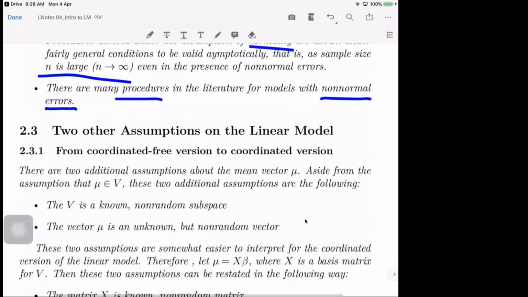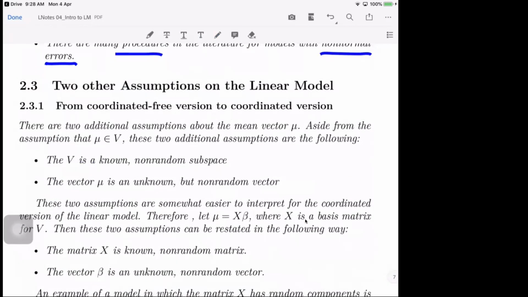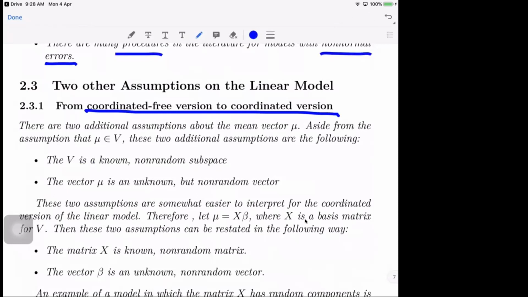So two other assumptions on the linear model, from the coordinate-free version to the coordinatized version of the linear model. Aside from mu being in V, an additional assumption is that the subspace V is known, it must be non-random. Of course, the vector mu is unknown, but it's a non-random vector.